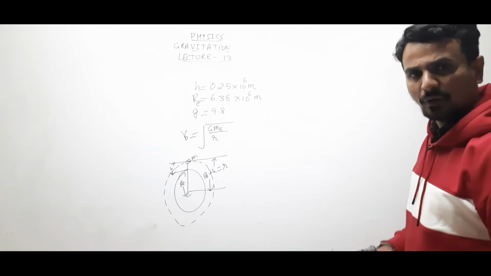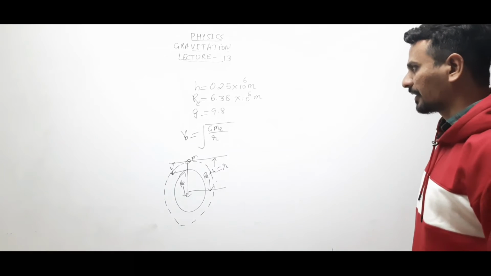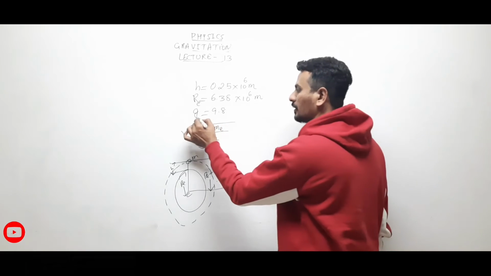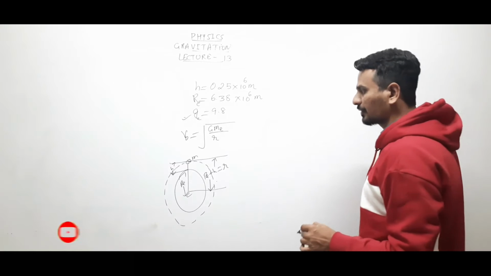The satellite is already revolving around the earth at a height of 0.25 into 10 raised to 6. Now the acceleration on the surface of the earth is given as 9.8, which is again G M_E by R square.